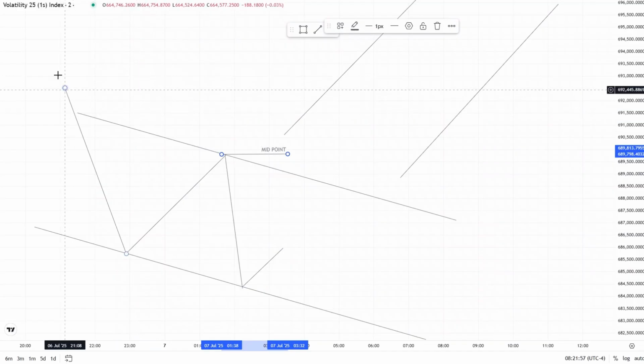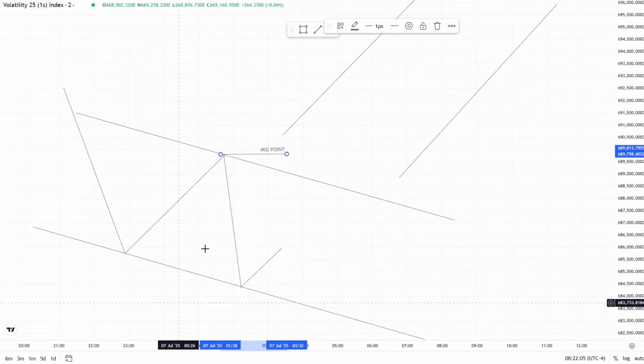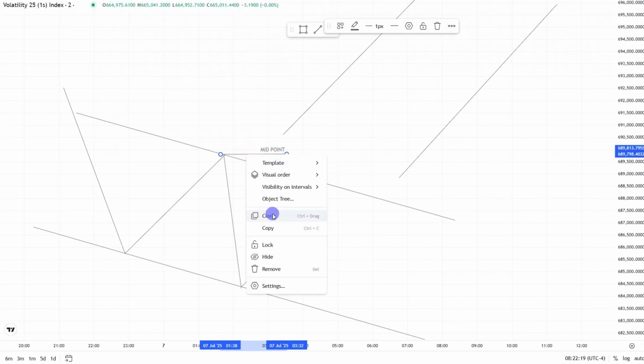We don't really care about this. We don't care where it's coming from, right? You don't want to worry too much about that, because if you want to understand everything, you're not gonna trade, man. You're not gonna be able to find a trade, because now you're gonna have all these ideas, all these things going on, and you're gonna end up making a bad decision, or a bad trade in this case.